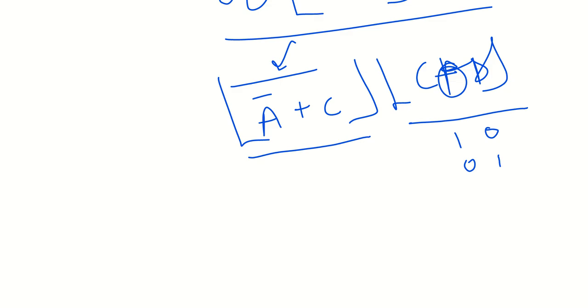Now, for A bar plus C all bar, you have to check. The function under the bigger bar has to be always 0, so that it will be inverted to 1, so that when you multiply the whole expression, you get a 1. So you realize that when either A or C is equal to 1, you get a wrong answer. So you have to make sure that either of them is always 0.